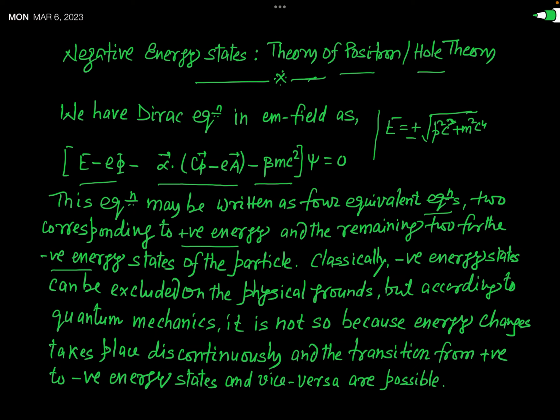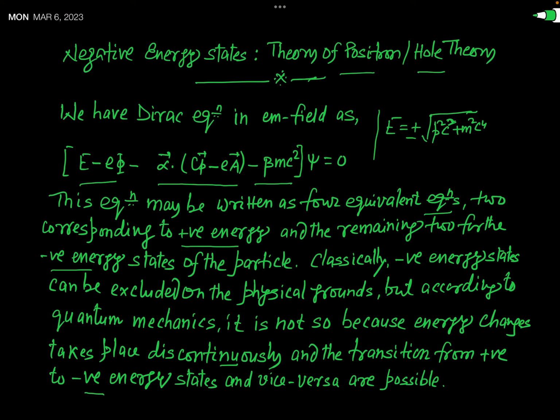But when you talk in terms of quantum mechanics, then you can't exclude the negative energy state, because in quantum mechanics energy changes take place discontinuously from one level to another, and the transition from positive to negative energy states and vice versa, that is from negative to positive energy states, are allowed.